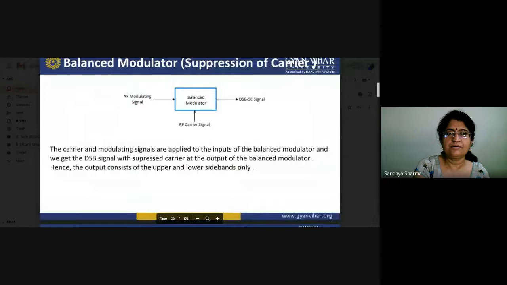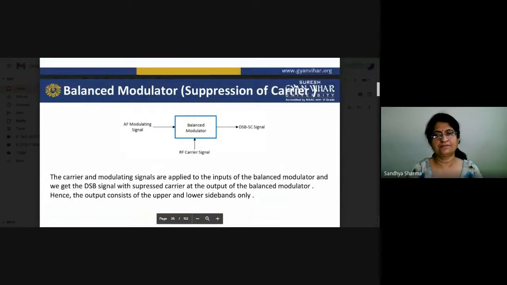Now we will focus a little bit on the balanced modulator, suppression of carriers. How can you use a balanced modulator for DSB-SC? First of all, you have to multiply your modulating signal and the carrier signal.